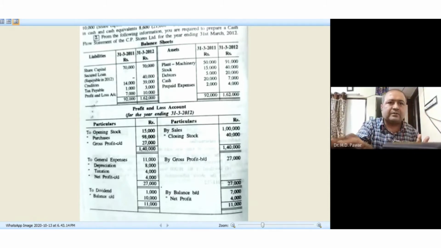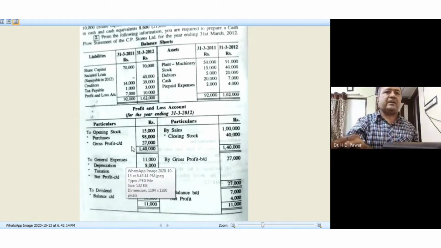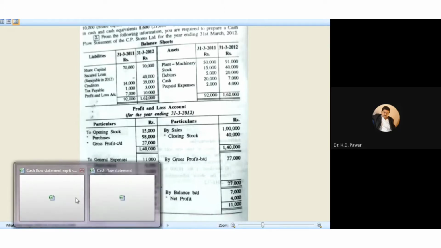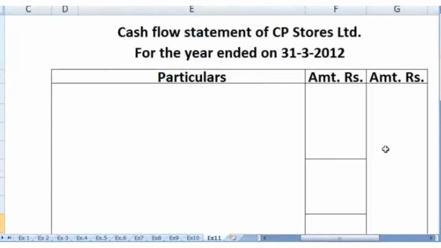Okay, so let's see. Here we have the profit and loss account. So let's start the solution of this example. First of all, we need to prepare a blank cash flow statement like this. This is the cash flow statement of CP Stores Limited for the year ended 31st March 2012, particulars and amount.